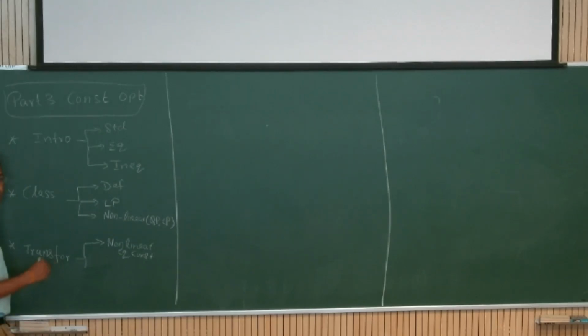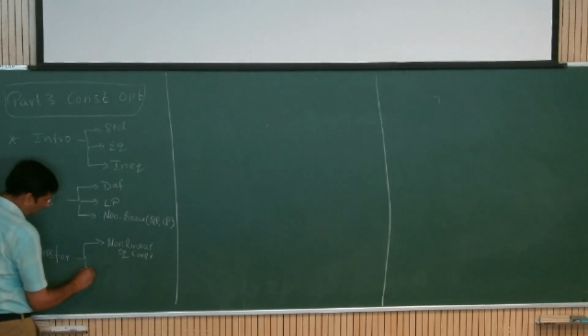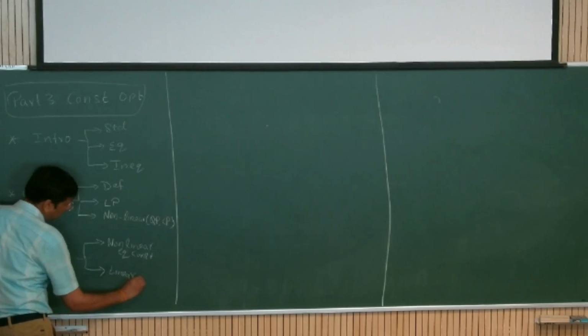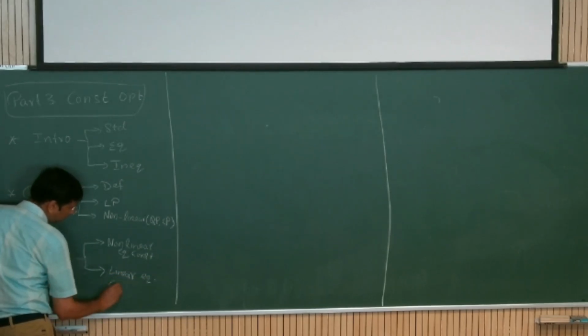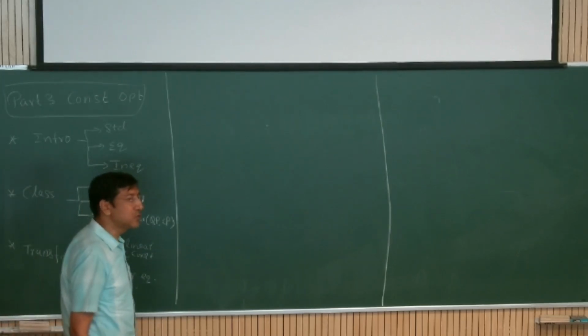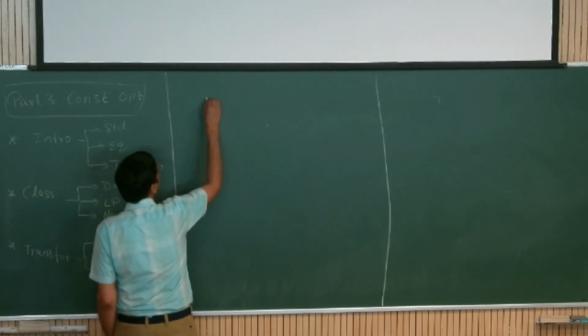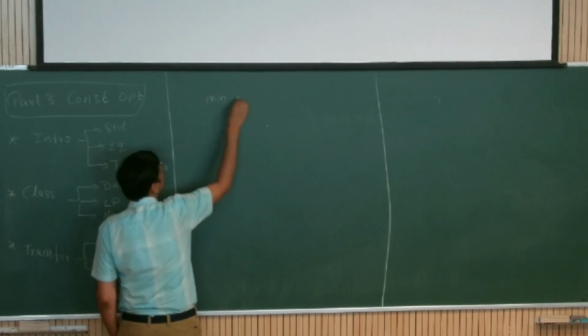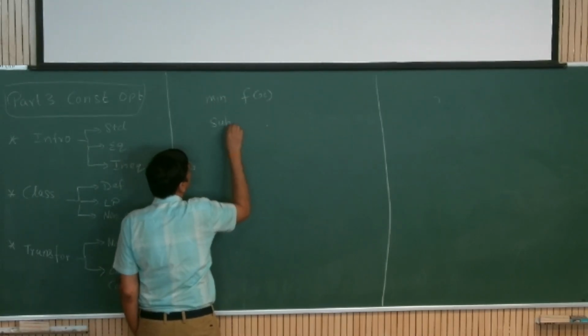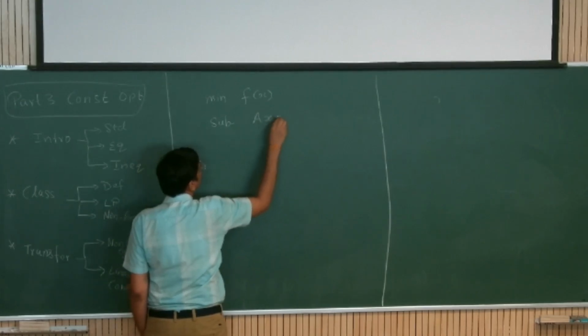You have to see the problem and do it. But what you can do is, when you have linear equality constraints, how to convert this into the unconstrained problem. So we gave you that you're trying to minimize f of x subject to Ax equal to b.